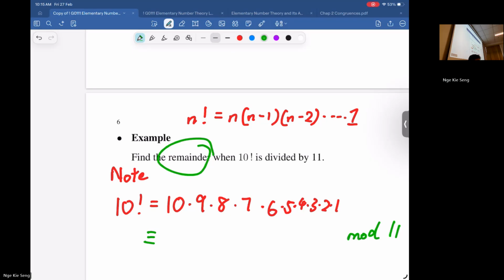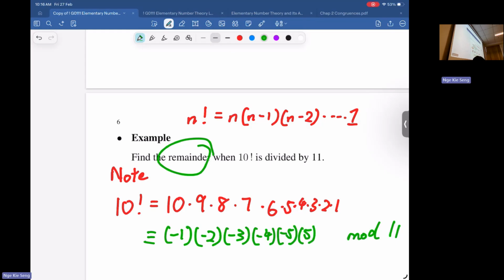For example, 10 is congruent to -1, 9 is congruent to -2, 8 is congruent to -3, and then -4, and then -5, like that. And then we can keep the other number the same.